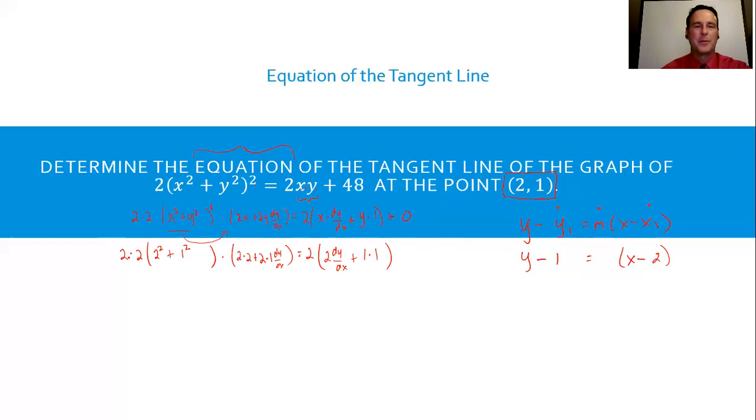And what I'm going to do is simplify a little bit. This is 4, 2 squared is 4, plus 1 squared. This gives me 5. 2 times 2 is 4. 2 times 1 is 2 dy/dx.